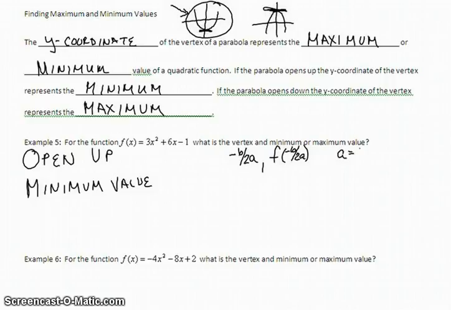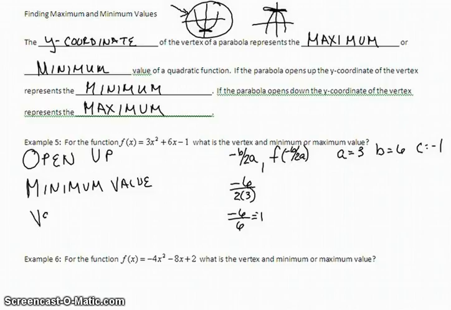A in this case is a positive 3, b is a positive 6, c is negative 1. I really don't need that negative 1 at this point, but just knowing a and b, I can substitute in. I will have negative 6 over 2 times 3, which is negative 6 over 6. So that equals negative 1.